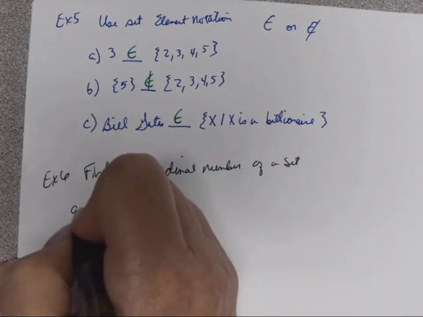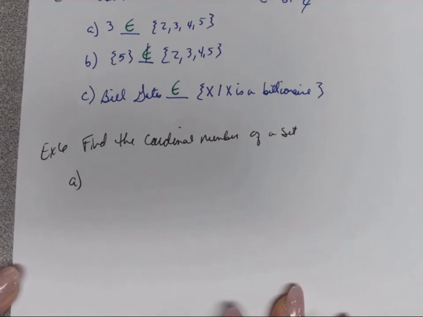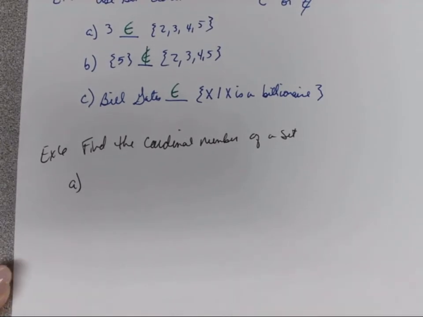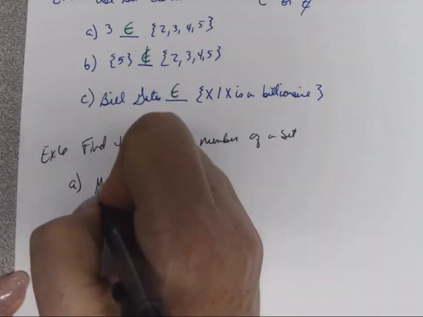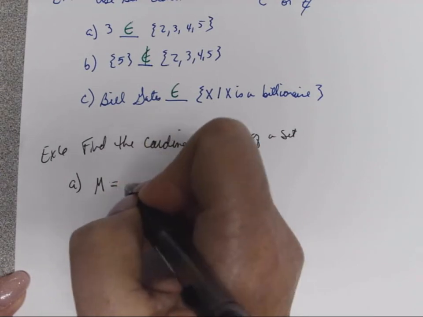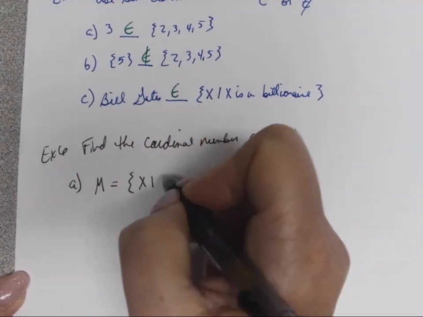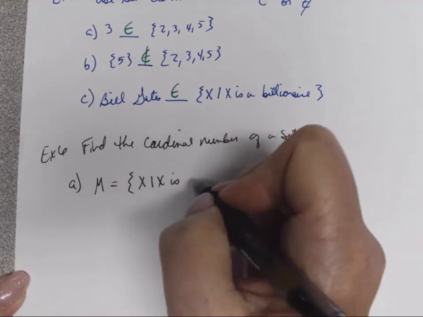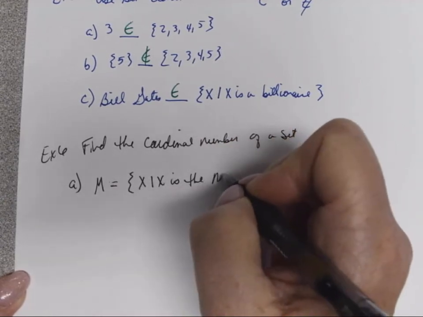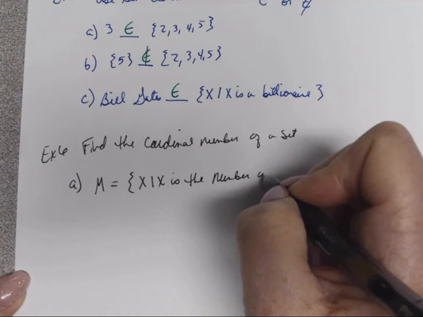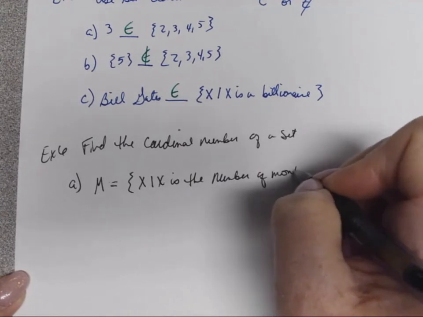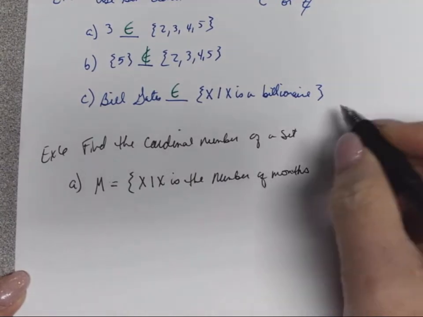So part A, we're going to have M is equal to the set of X such that X is the number of months in a year.